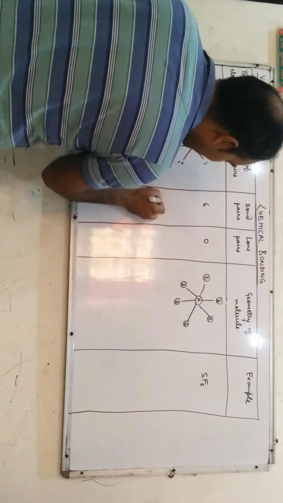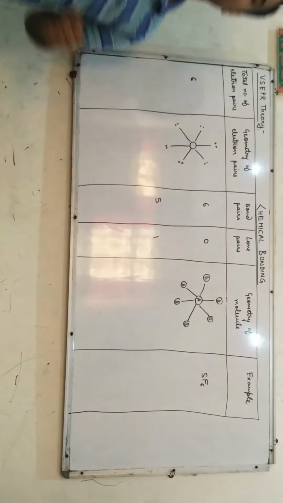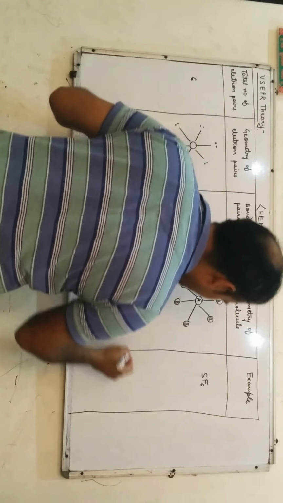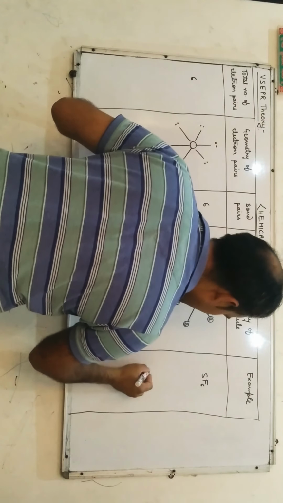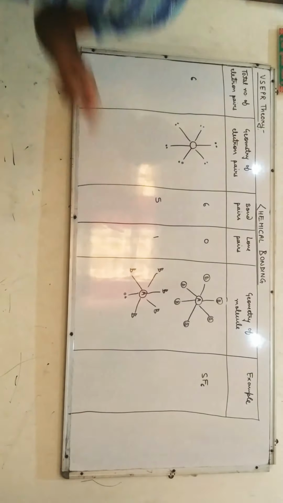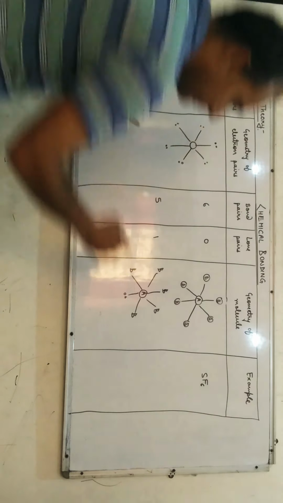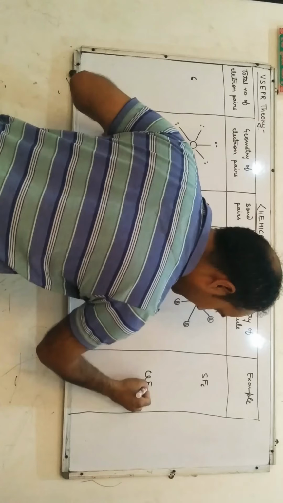If bond pair are 5, lone pair is 1. The shape of molecule illustrated like this manner. It is distorted octahedral and the best example of it is ClF5.